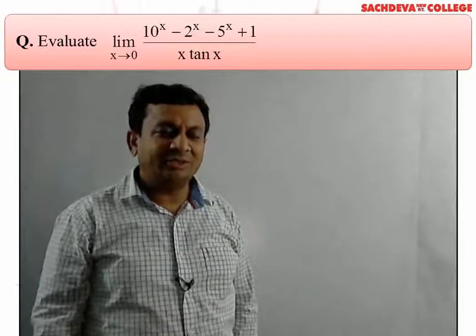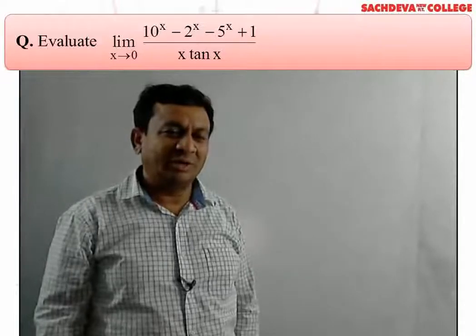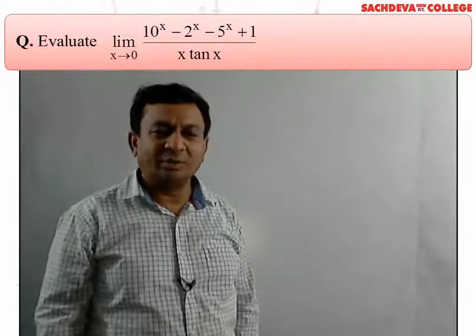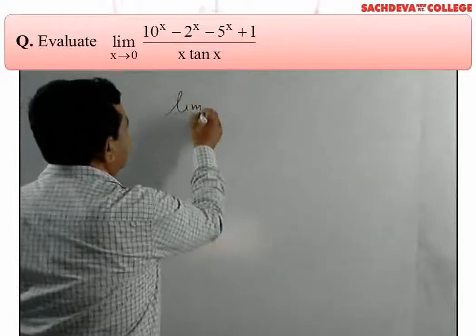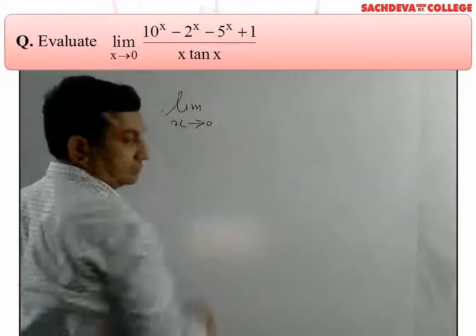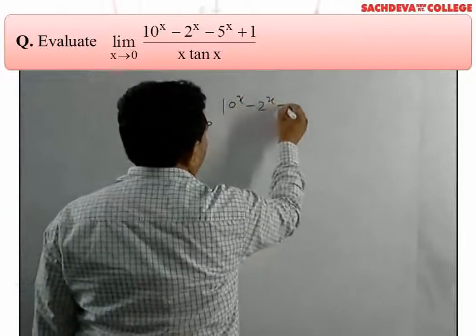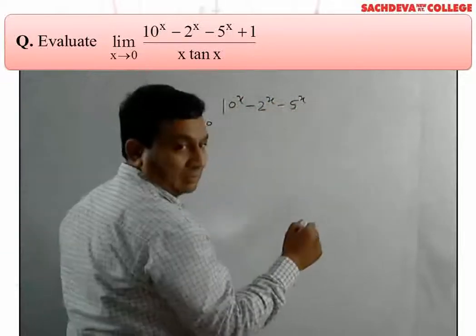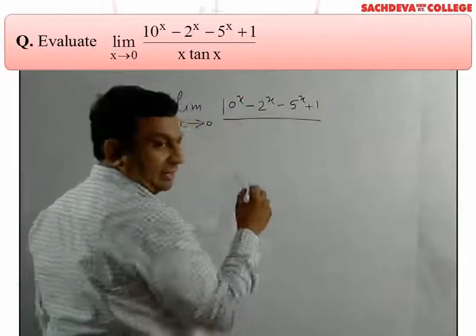Evaluate limit x tends to 0, (10 to the power x minus 2 to the power x minus 5 to the power x plus 1) upon x tan x. Given that limit x tends to 0, (10^x - 2^x - 5^x + 1)/(x tan x).